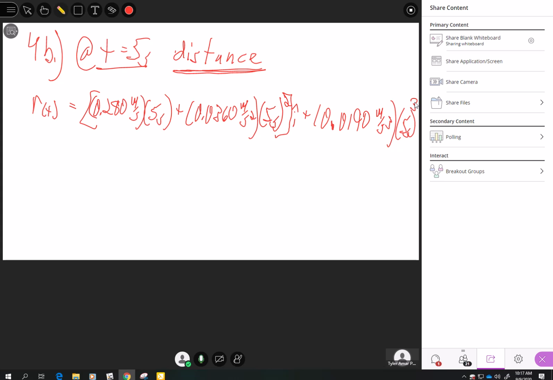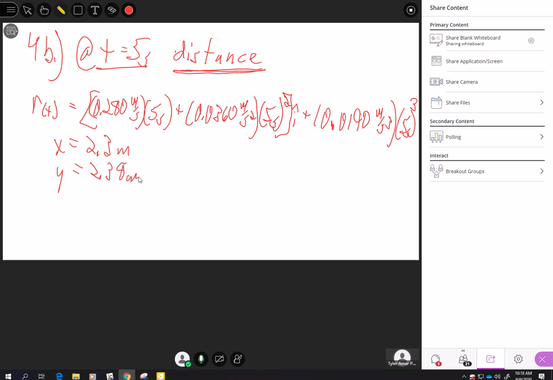So what is our Rx going to be? Our X part is going to be, when you do all this arithmetic for the i component, 2.3 meters. And the Y component is going to be 2.38 meters. But that's not what it asked.